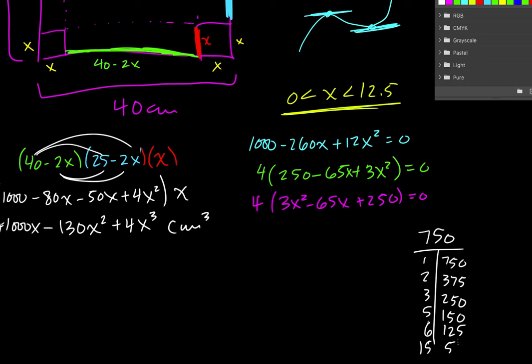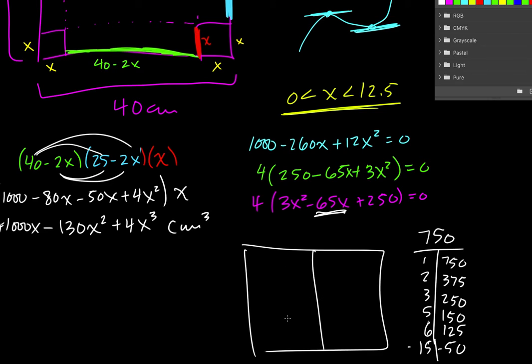And I think that one's going to work, because if we make both those negative, then they add up to 65. We do our box. For box method, we get 3x squared, we get 250, and then we get negative 15x and negative 50x. Okay, factor out, we get 3x. Factor out, we get 50.